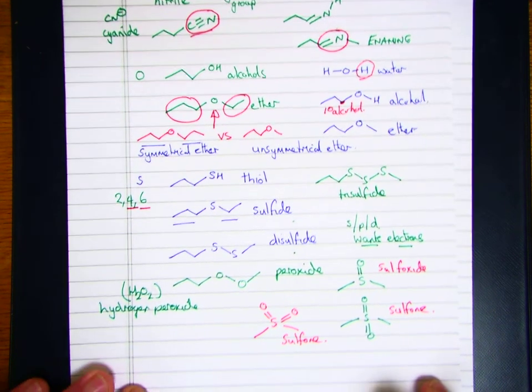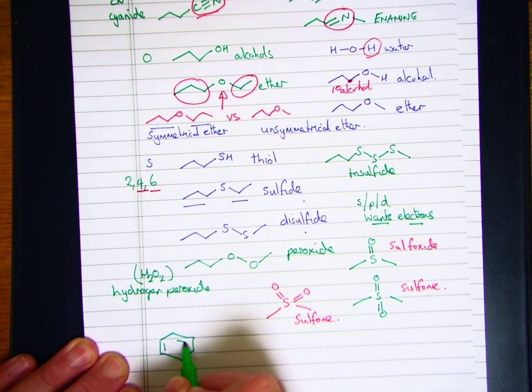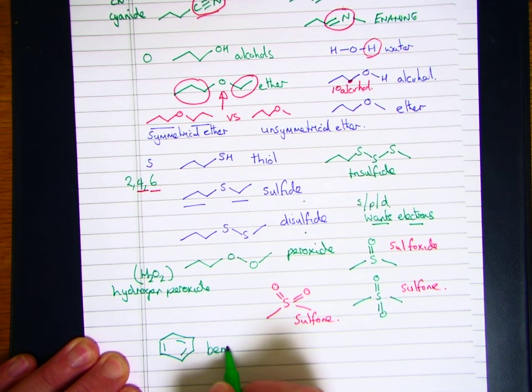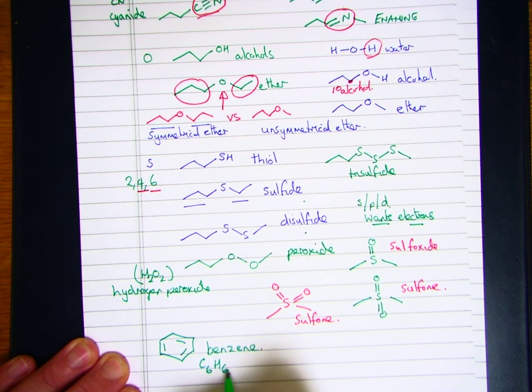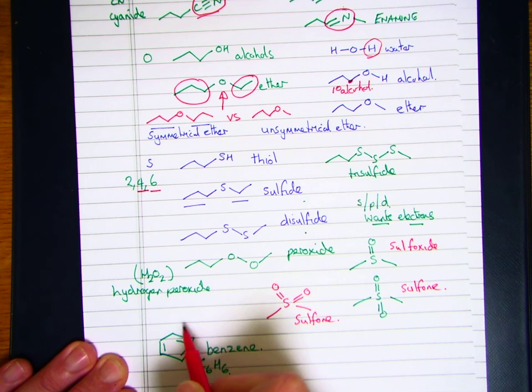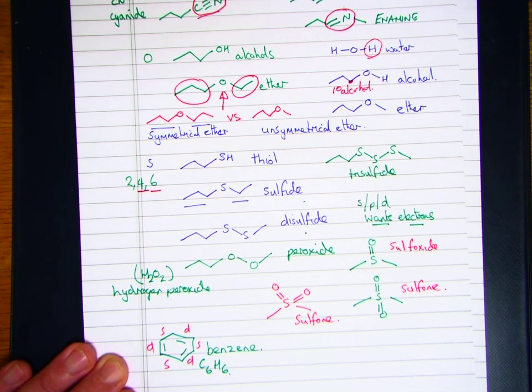And then finally, at the bottom of the page, I'm going to draw this. Now, this on its own is benzene. It's a 6-membered ring, formula C6H6. It's got alternating double, single, double, single, double, single bonds around the ring.